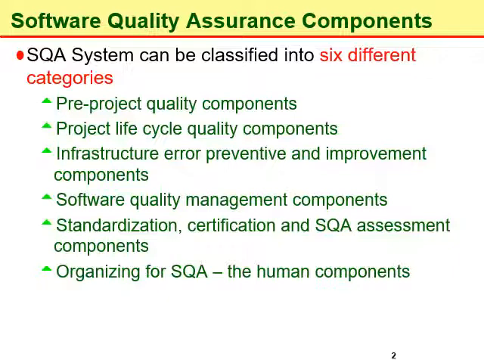And the fifth, standardization, certification, and software quality assurance assessment components. And finally, the human components. So I will discuss these components one by one briefly here, but the details can be found in the lecture material provided.